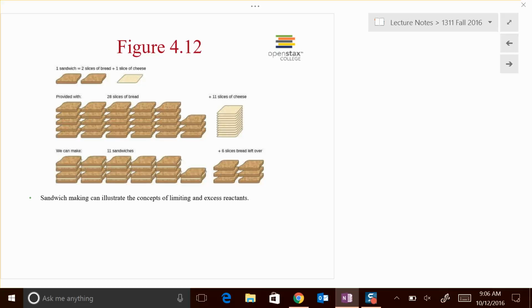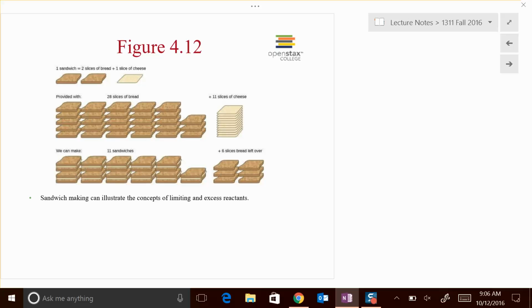So what's in excess? The bread. We have more bread than we need. So I cannot make half of 28. I can't make that many sandwiches. But I can make 11 sandwiches because I have 11 slices of cheese, and it's the limiting reagent.